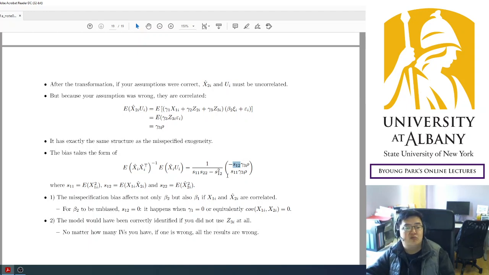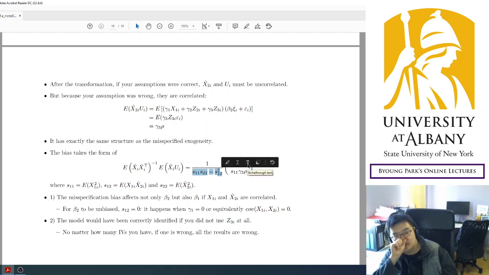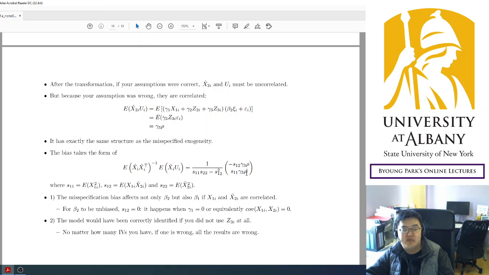And you can tell what's going on. And here the sign is hard to tell because the denominator is more complicated. In this case, the denominator is always positive, so it's not a problem. So you can tell the sign of the bias by considering each of the three terms' bias.